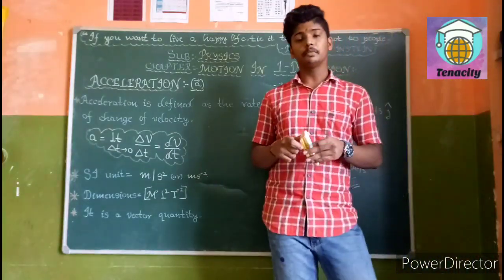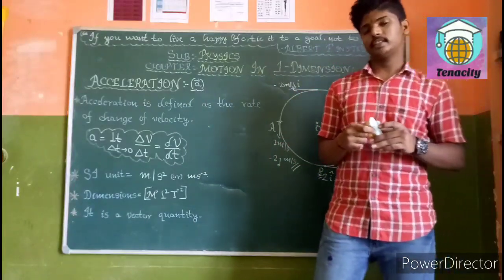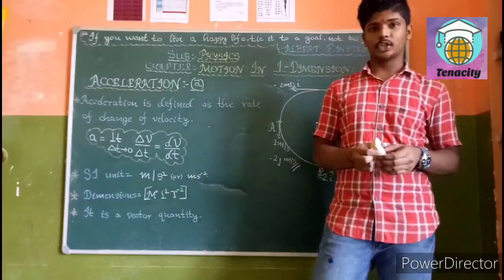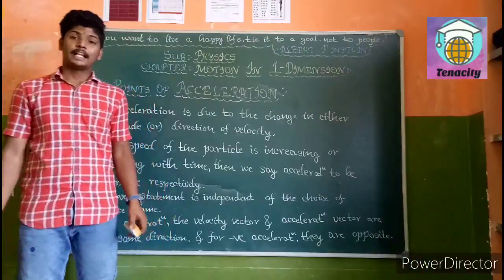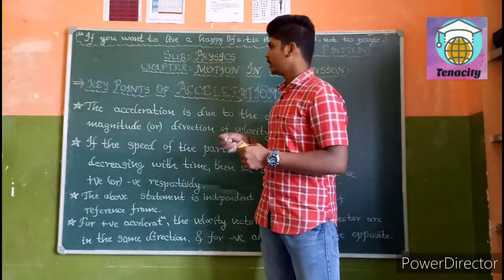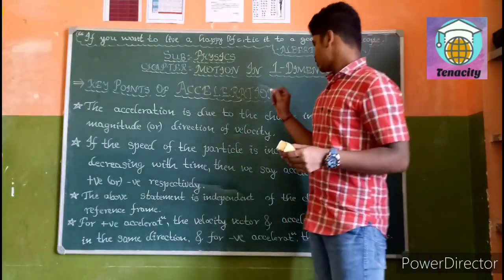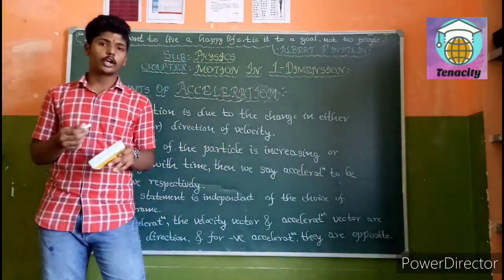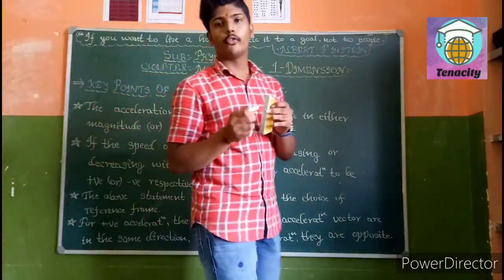Let us discuss some golden points or key points and some types of acceleration. Let us see some key points related to acceleration. The acceleration is due to the change in either magnitude or direction of velocity.